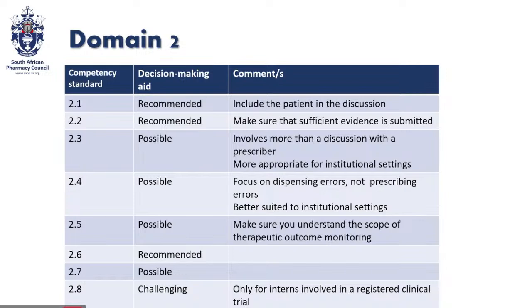So it is difficult to do that one. 2.4 is better suited for institutional settings, but the focus should be on dispensing errors and not prescribing errors. And for 2.5, you must be sure to understand the scope of a therapeutic outcome monitoring.